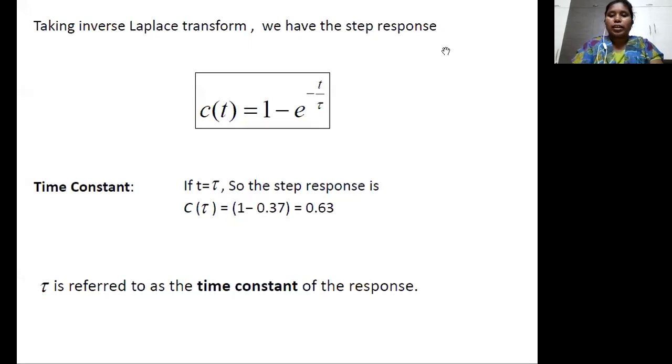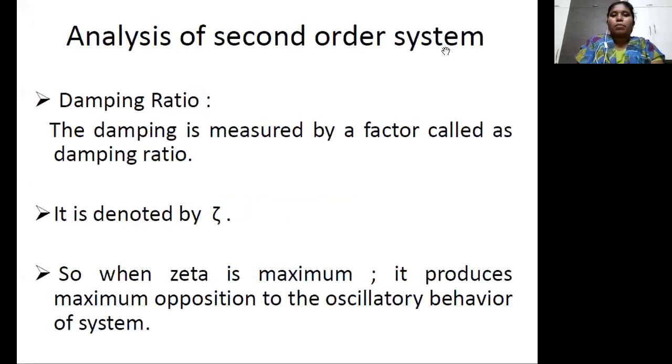Coming to the second order system, we can obtain the analysis of a second order system by using a damping ratio. That means we have to consider a factor named the damping factor, which is denoted by the letter zeta, as shown here.